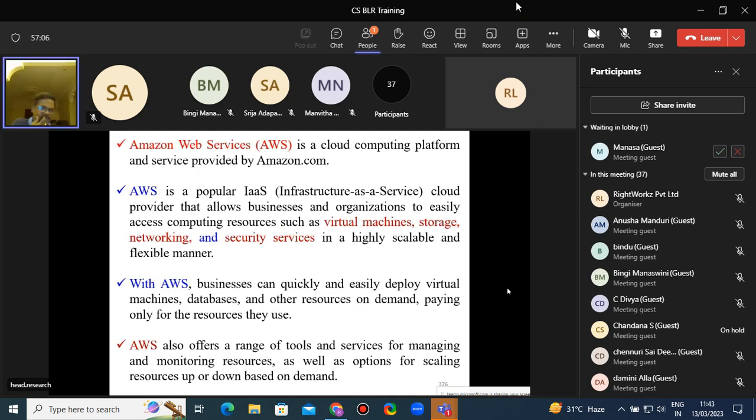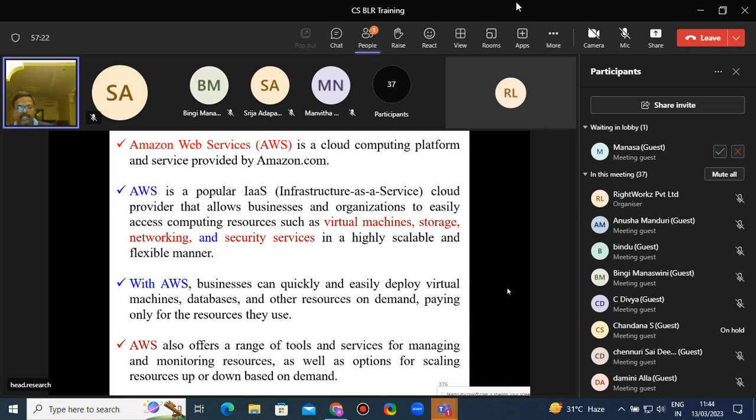With AWS, businesses can quickly and easily deploy virtual machines, databases, and other resources on demand, paying only for the resources they use.